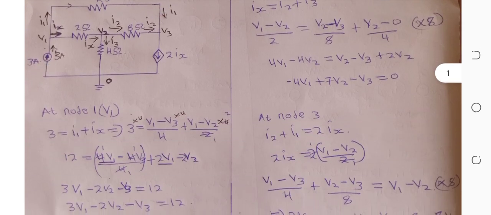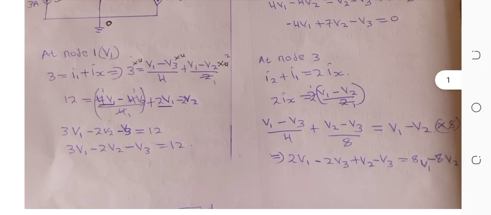So to remove the denominators, we multiply the equation by 4, the LCM of the denominators. The LCM of 2 and 4 is 4, so we multiply by 4.